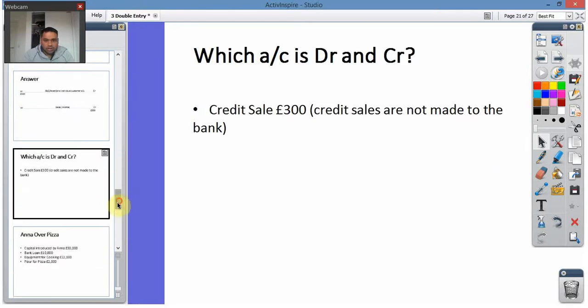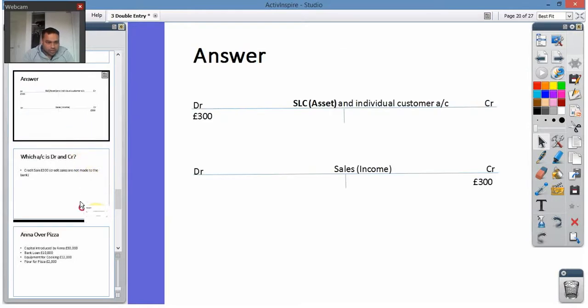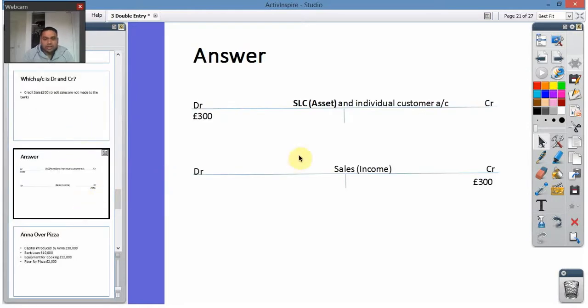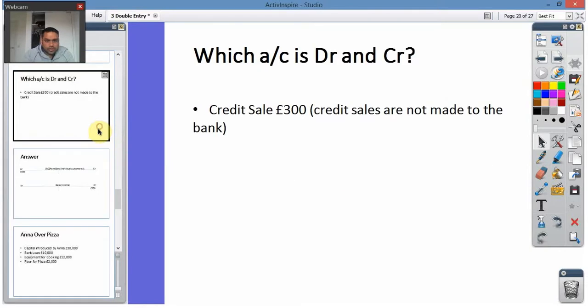So here we've got a credit sale of £300. So which accounts do you think will be debited and credited here? We've already gone to the answer. So let's have a look at that. A credit sale is a sale, so the credit side of the income account would increase by £300.